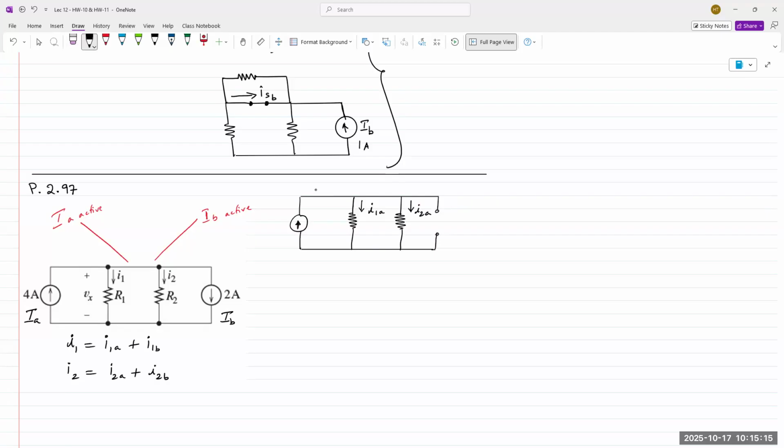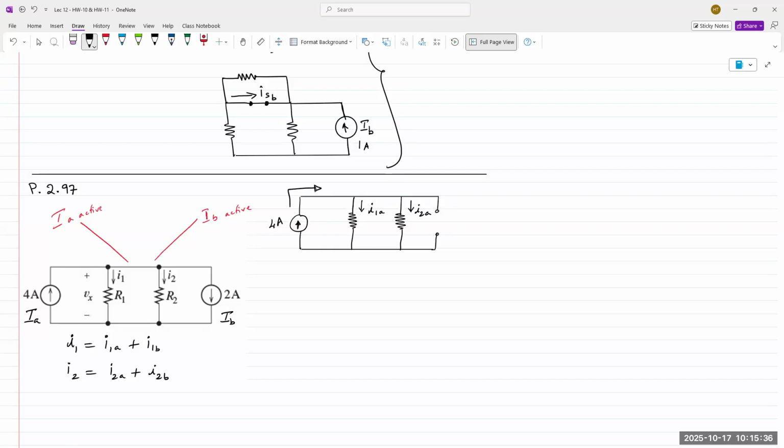Now we can apply any technique we want to solve this. The whole point of using superposition is that we only have one source in the circuit, so we can apply series parallel analysis techniques, meaning you combine all the resistors down to one single REQ. In this case, we see that there are two resistors in parallel, and we have a current source.